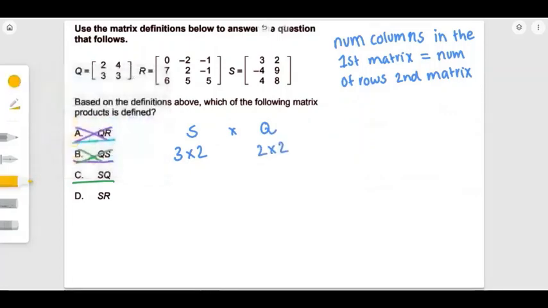As you can see here, the number of columns in the first matrix is equal to 2, and the number of rows in the second matrix is also equal to 2. So they are equal, which means they are defined. So the answer choice is C.